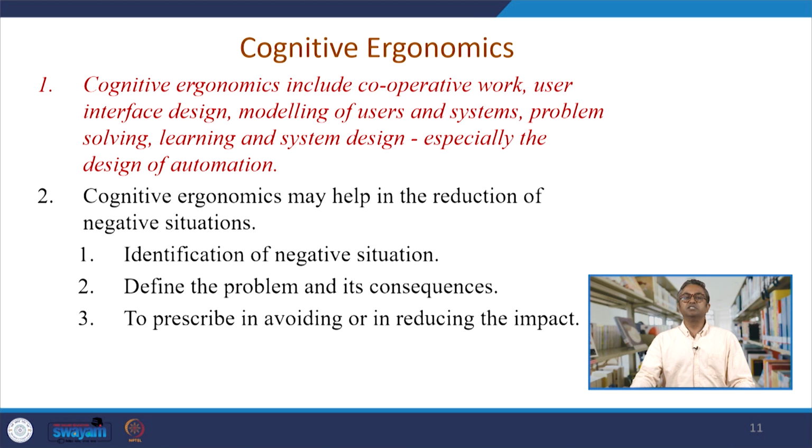What kind of challenges a grown up is facing while driving a car? Is he or she able to identify and see the navigation system? Is he or she able to identify the road signs? So, identification of negative situation can only be understood if we understand the human cognition well.